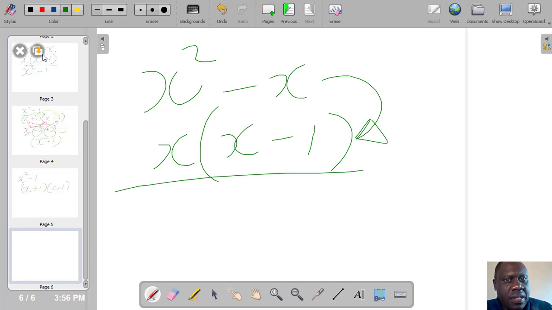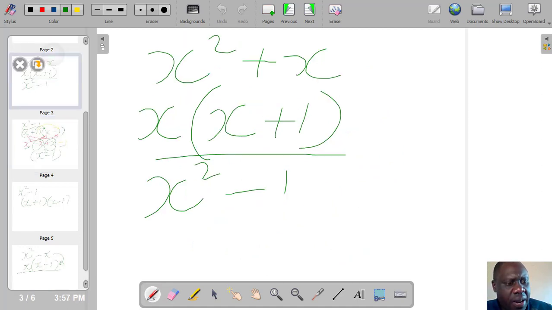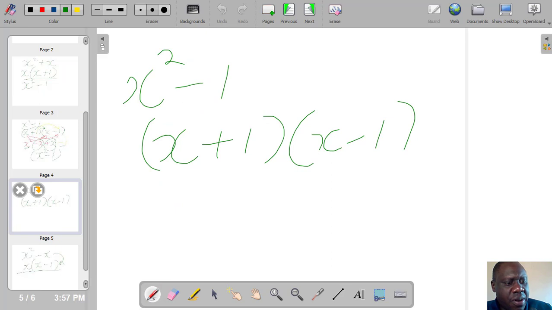It comes to x into bracket x minus 1. If we go back and look at the factorization of x squared plus x, we find x into bracket x plus 1.